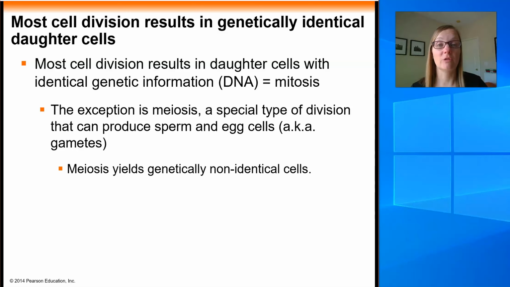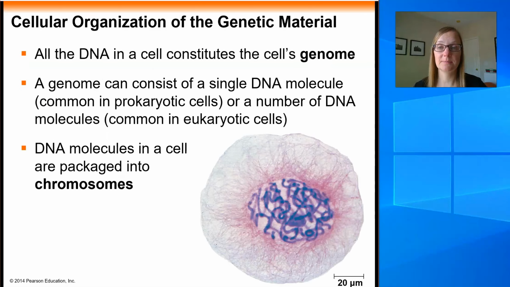Sperm and egg cells are also called your gametes, or your reproductive cells. And meiosis is different in that it does produce daughter cells, but these daughter cells are not genetically identical to each other. They're actually different from each other. And so we'll get a chance to talk a little bit more about that once we get to chapter 13 and we dive into the details of meiosis.